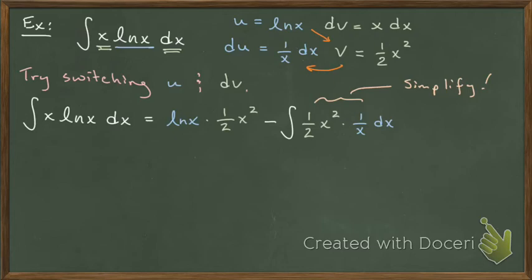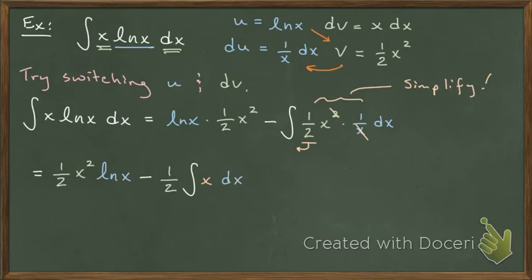So, rewriting things a little bit, I've got 1/2 x squared natural log of x minus, and I've got some cancellations there. x squared cancels with x to give me just an x. And I'm going to bring a 1/2 out here, and I just have the integral of x dx.